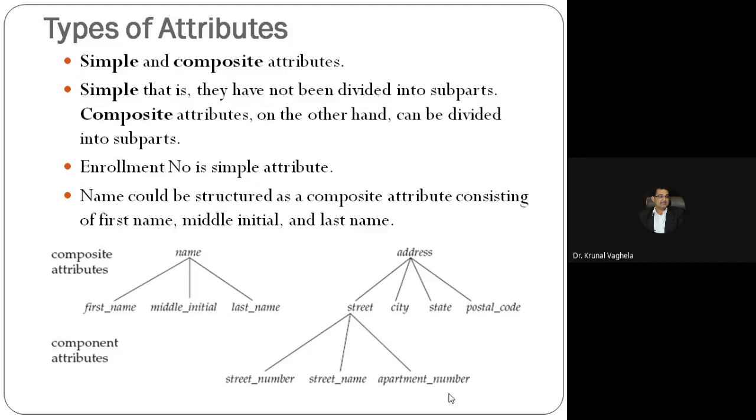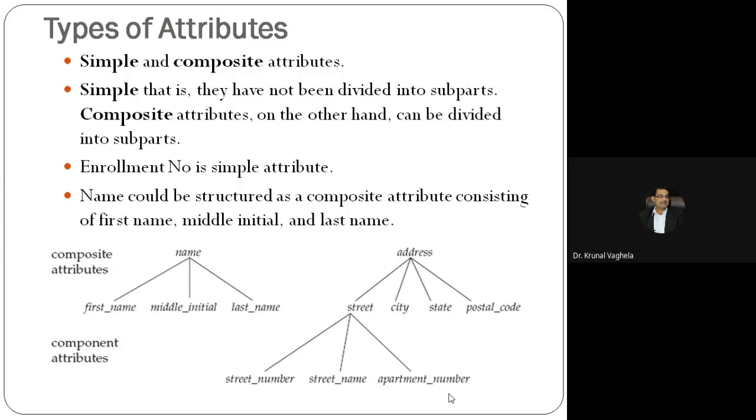Now types of attributes we have already done. One is simple versus composite. If you cannot divide the attribute into sub attributes, it's simple, like enrollment number. You cannot further divide enrollment number, so it's a simple attribute. Second one is composite. That means you can further subdivide it into sub attributes.